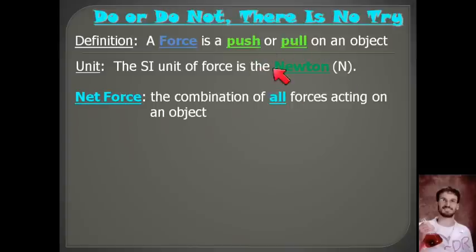You may remember from Unit 1 when we discussed the different SI units that the newton is one of the units we talked about. It's not a unit of length. It's not a unit of temperature. It's not a unit of time or mass or volume. Newton is a unit of force. Now, when we learned about it in Unit 1, we said that the standard unit of weight was the newton.